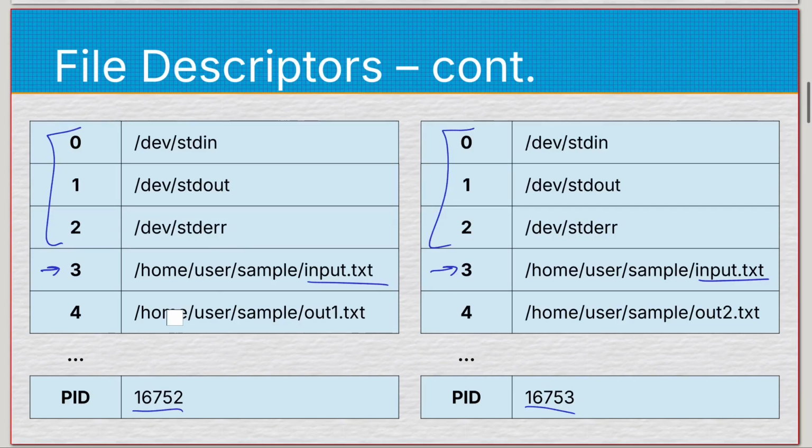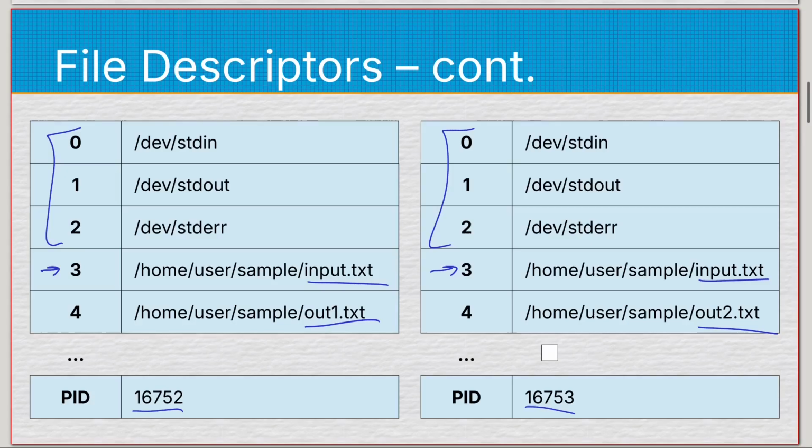Now, in the fourth entries down here, you'll see that 16,752 on the left side has out1.txt, and then 16,753 has out2.txt. So these entries are now pointing to two completely different files.